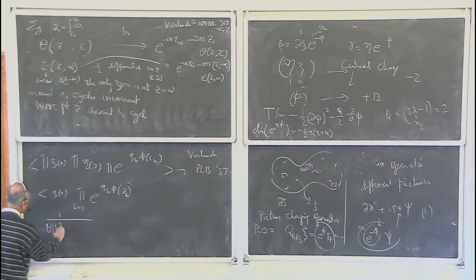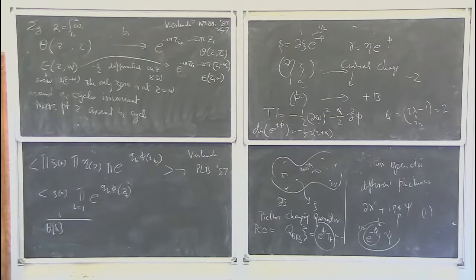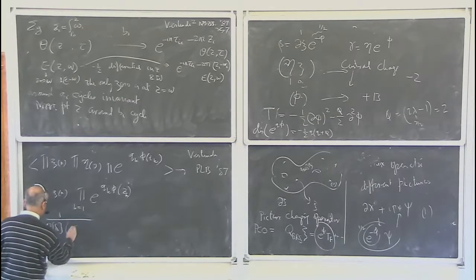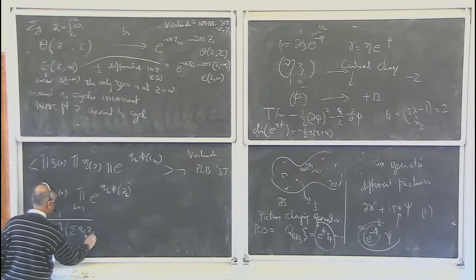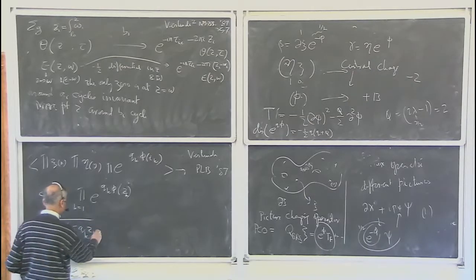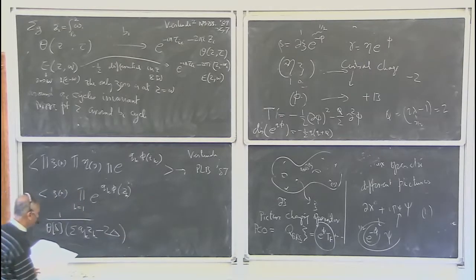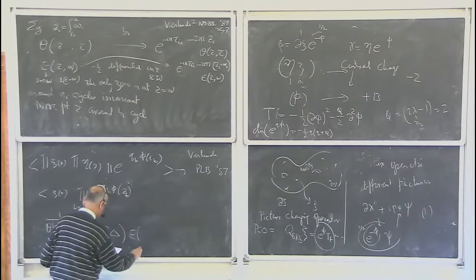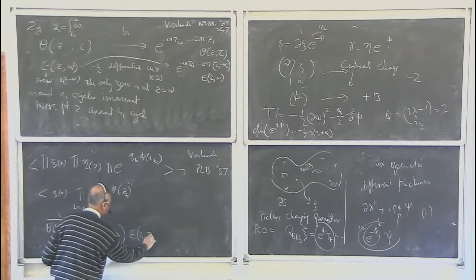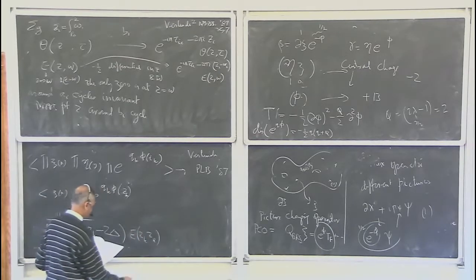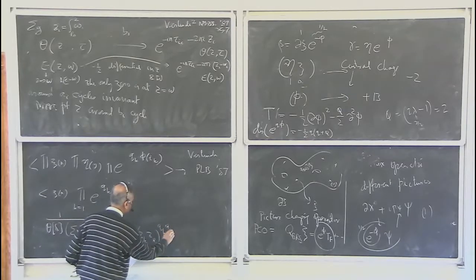Remember, there is a spin structure here, because we started with the three half differential, so there's a spin structure associated with the beta gamma system appearing here. And then here is sum over qk zk, minus 2 delta. And then product of E(zk, zl) to the power qk ql.